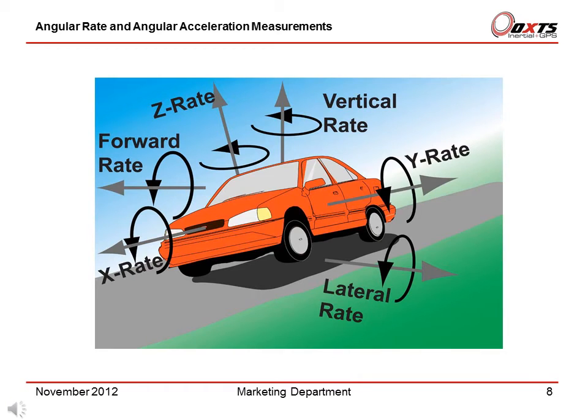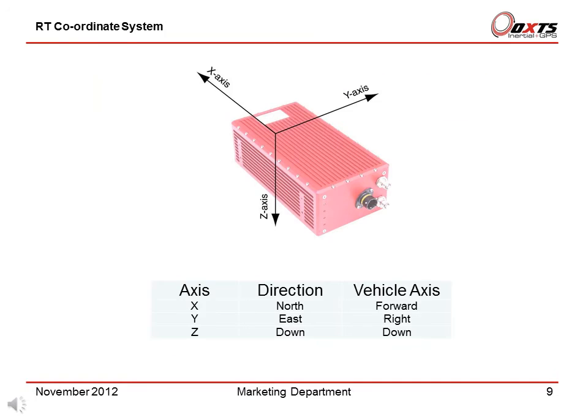Note that the directions in the drawing are not necessarily correct. The Euler rates are as follows: roll rate equals X rate, pitch rate equals lateral rate, the yaw rate equals the down rate. The angular accelerations are in the same directions as the angular rates.